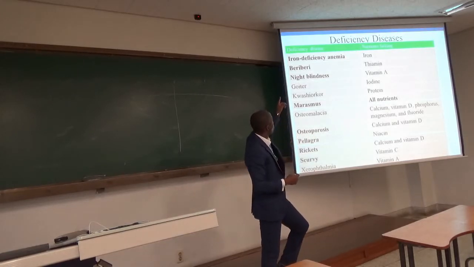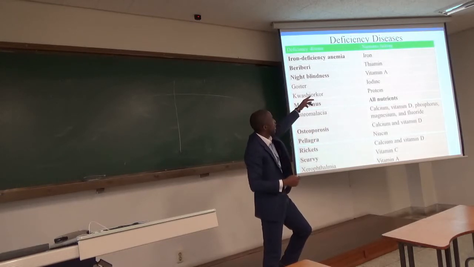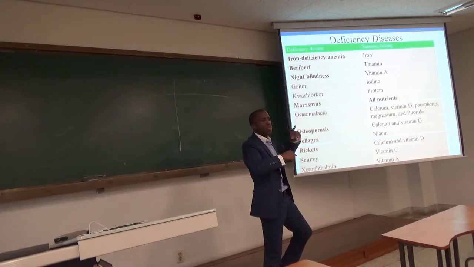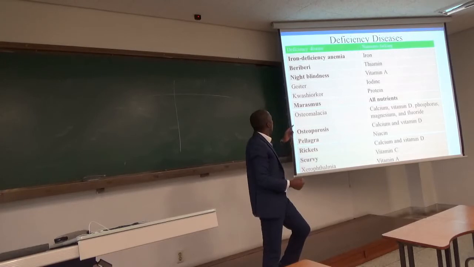So I put some in bold, like iron deficiency anemia. The nutrient that is lacking is what? Iron. Okay. If you take the nutrition class with me, we will look at that disease again, a sign of weakness, right?